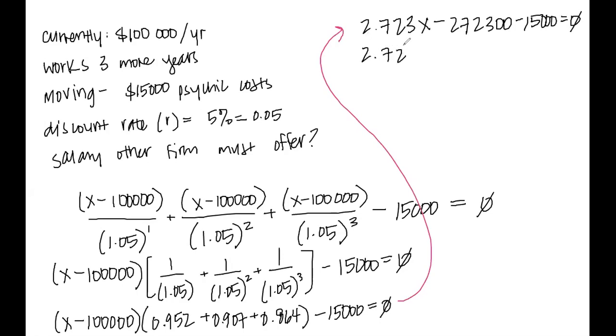Continuing to combine like terms, we have 2.723x minus 287,300. And then adding the 287,300 to the right and dividing by 2.723, I get an x of 105,509.